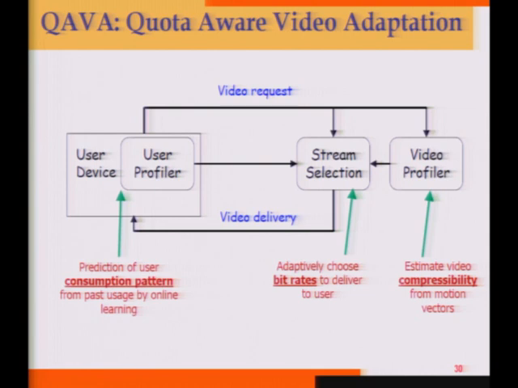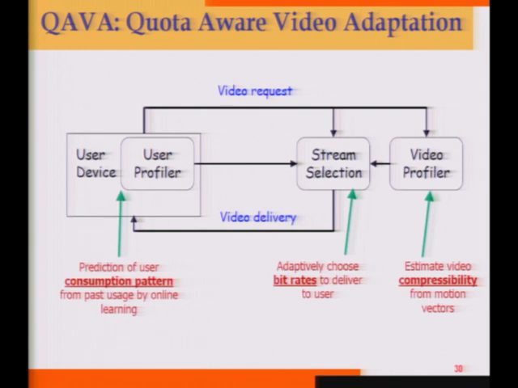For every video that the consumer requests to watch, the video profiler has it encoded at different bit rates. Let's say a video is a 5 Mbps HD video, and the profiler has encoded it into, say, 10 different bit rates, starting from 1 MB, 500 KB, and so on.